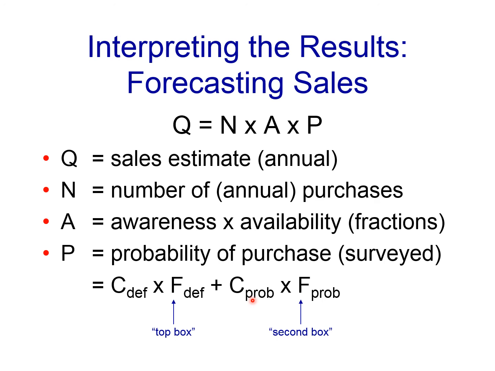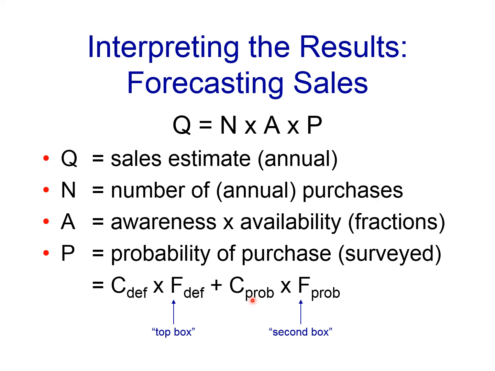If 10% of the surveyed customers said, we will definitely buy it, I don't believe I'm going to sell it to all of them. I need to discount it, say, by 90%. So if 10 people said they will buy it, I will believe one person.